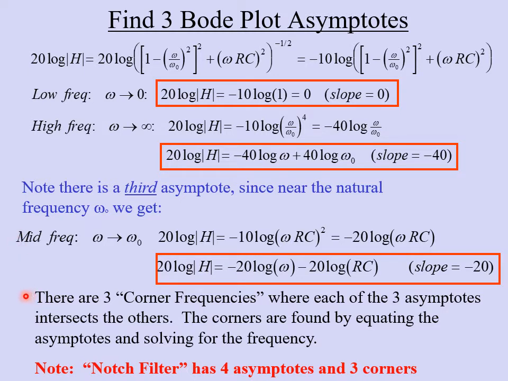Now the other thing that's different here is there are actually 3 corner frequencies where each of the 3 asymptotes intersects the others. And these corners are found by equating the asymptotes and solving for the frequency. All right, now the one exception here is that the notch filter actually has 4 asymptotes and 3 corner frequencies.